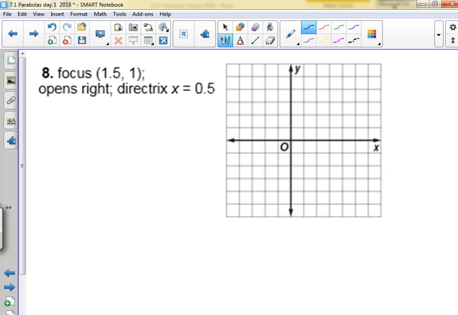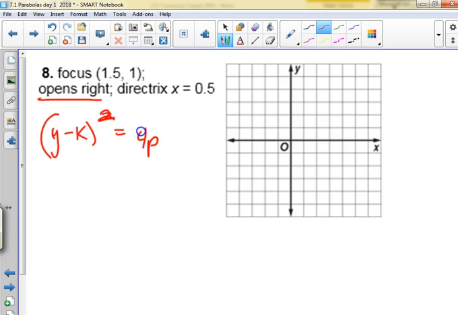Oh, focus and directrix. A little bit juicier. Focus and directrix. Okay, opens right. So right away, I know it's y minus k quantity squared equals 4p times x minus h. That's supposed to be a squared, sorry.